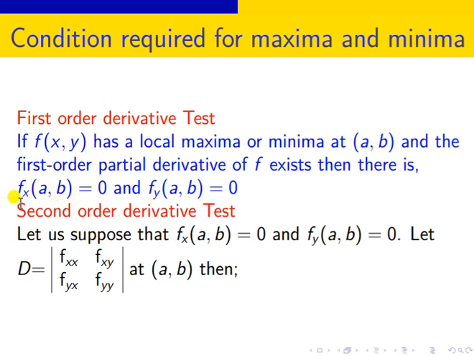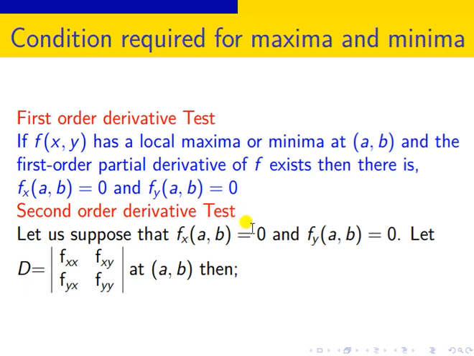Here f x represents the partial derivative of the function with respect to x, and f y represents the partial derivative with respect to y. So first of all, what we do is make the first order derivatives 0. We will see that later in the example also.